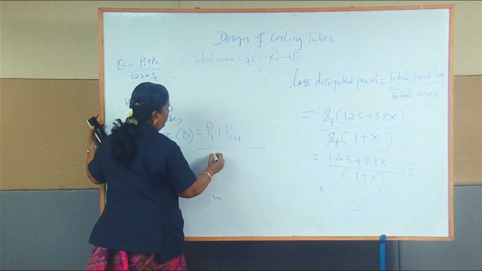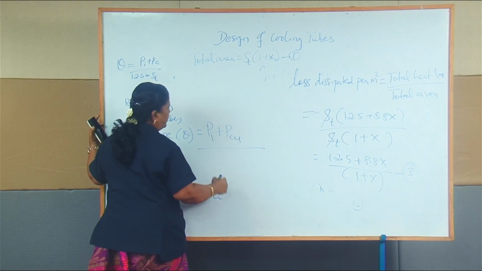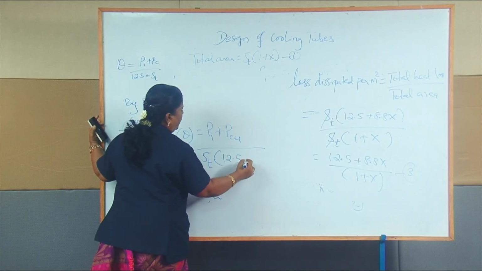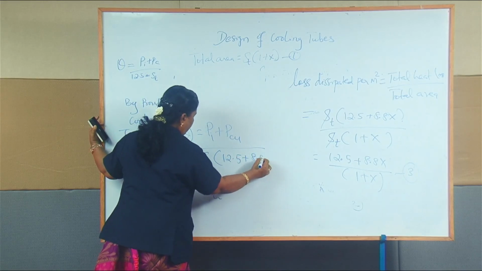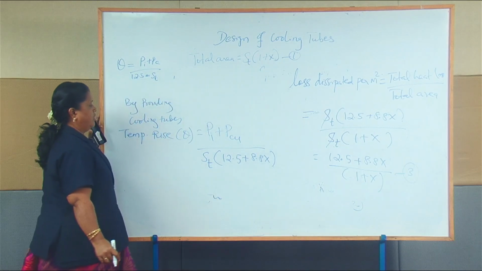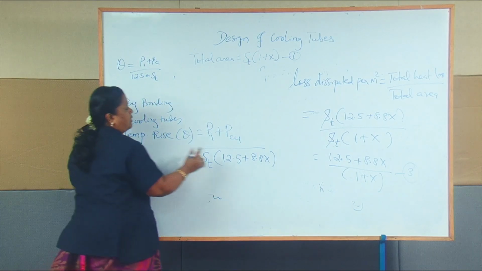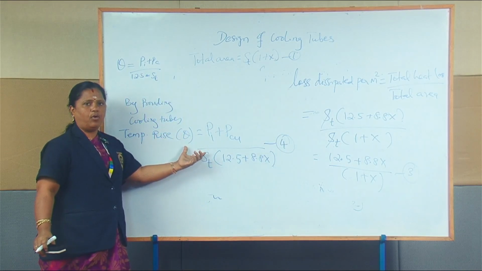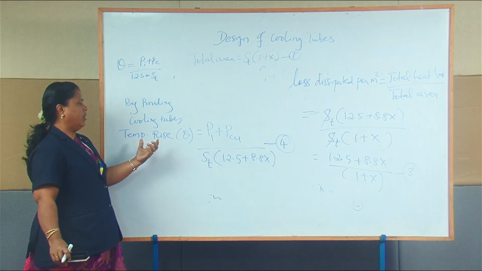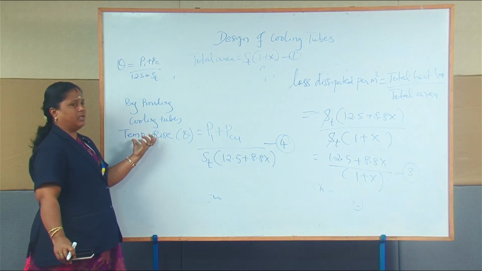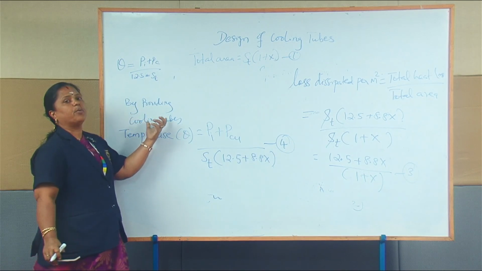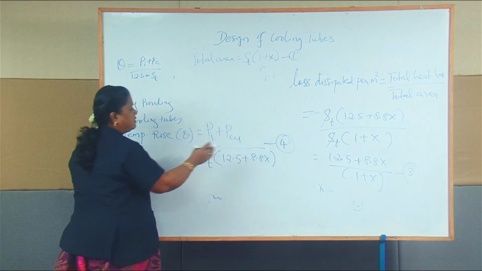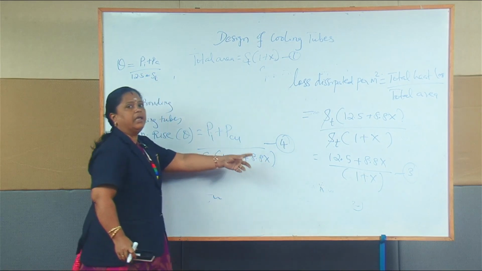What is the total loss dissipated? It is equation 2, so S suffix T into 12.5 plus 8.8 into x. Consider this as equation 4. Equation 4 gives you the value of temperature rise when cooling tubes are provided on the surface of the tank. From this expression, it is easy for us to calculate the x area.